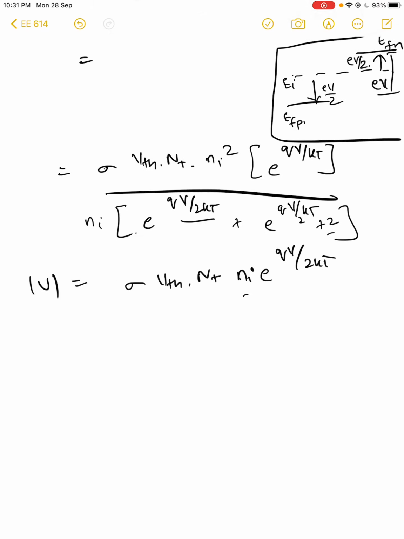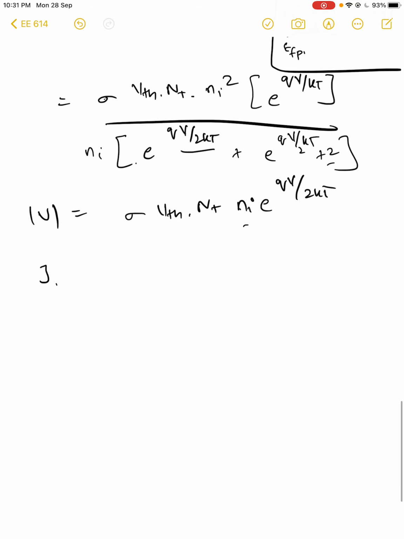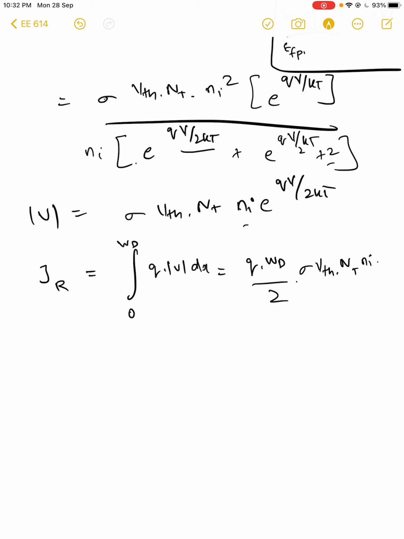The actual current, because of this recombination, as we have done previously, will be an integration over the entire width, Q times the recombination rate dx, which will give us Q WD by 2, because I have left out a 2 here, which comes from 2 being taken common outside, into sigma vth Nt ni e power qV by 2kT.